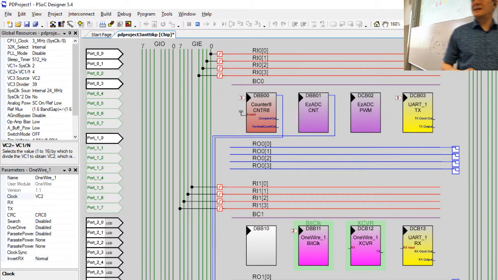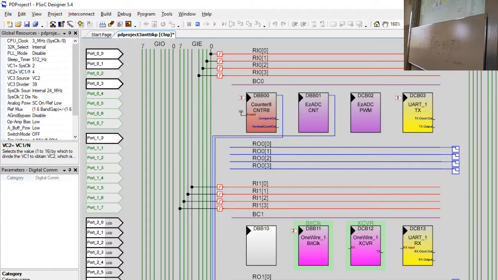Okay, this is actually hardware, the system, and there are these different types of modules on it. Let's see, where's that? Digital communication. I2C, where's I2C?